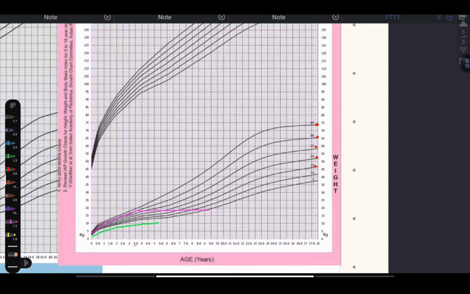And the third characteristic was deceleration in the growth velocity, that is weight for age or weight for length or height crossing two major centiles.